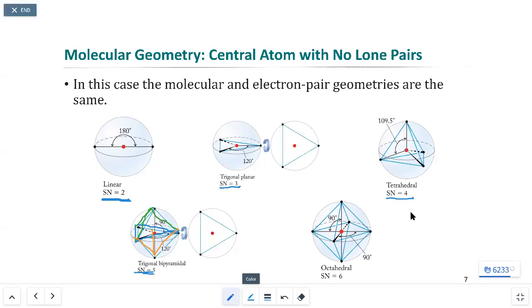With octahedral, what we'll see is very similar to trigonal bipyramidal, but if you look closely on this plane, we have not one, not two, not three, but four atoms in that two-dimensional plane. So we can't call this trigonal anymore. This is now considered octahedral.